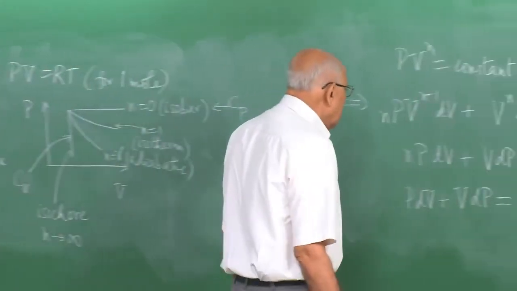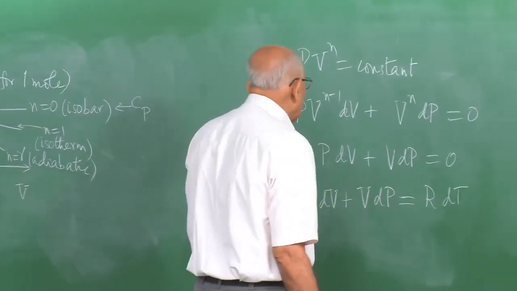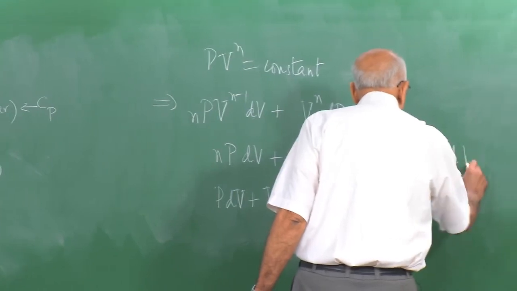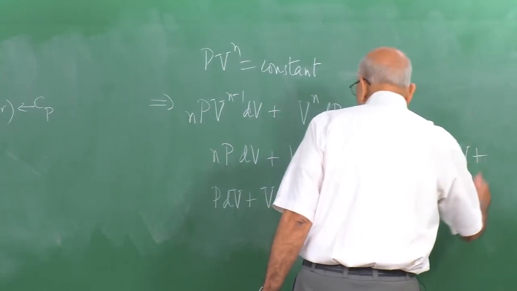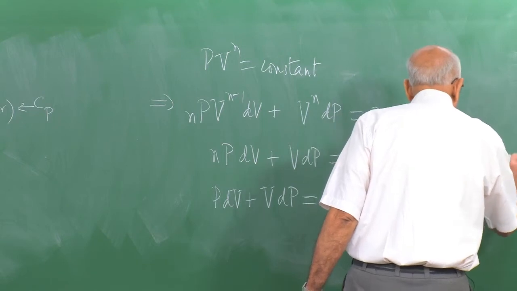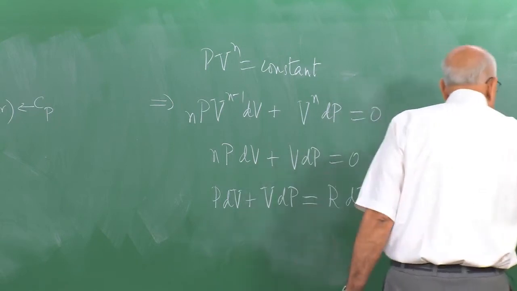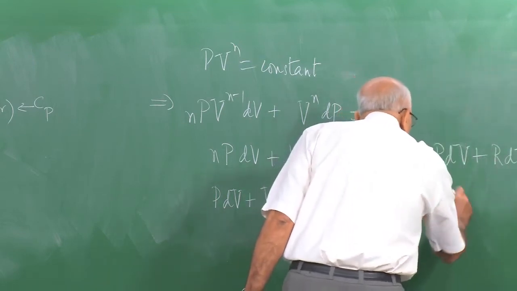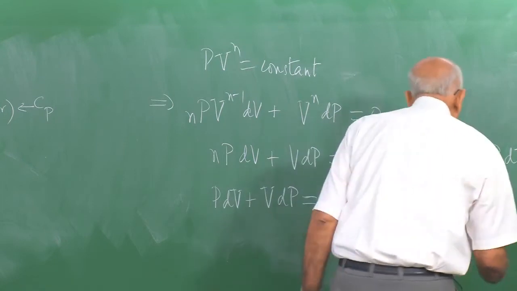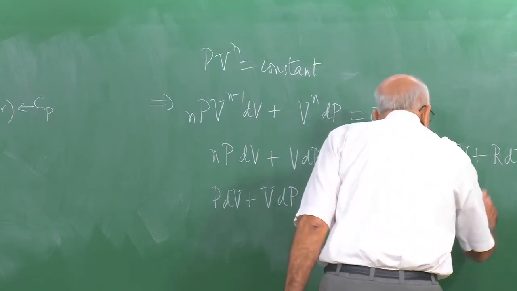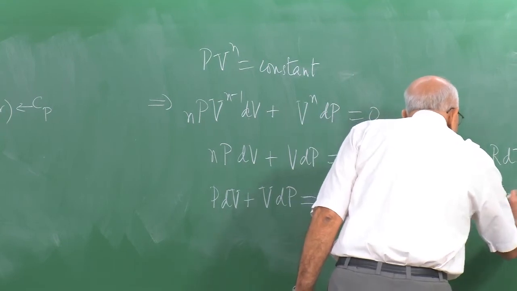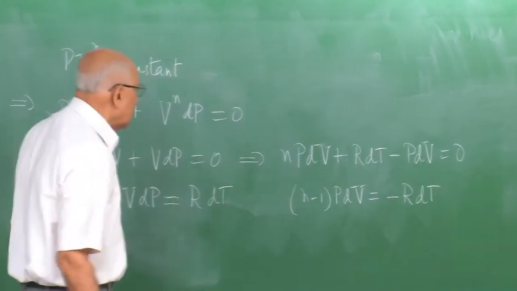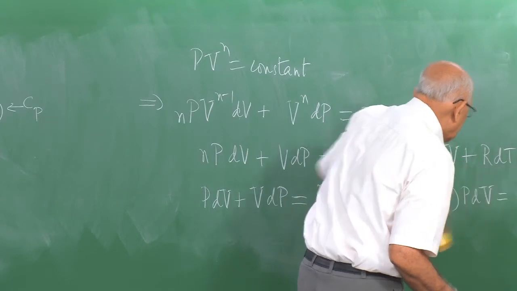So it says V dP is R dT minus P dV, so this implies nP dV plus R dT minus P dV equal to 0, or to write it the other way, (n minus 1) P dV equal to minus R dT, or let us write this as plus R dT and put a 1 minus n here.